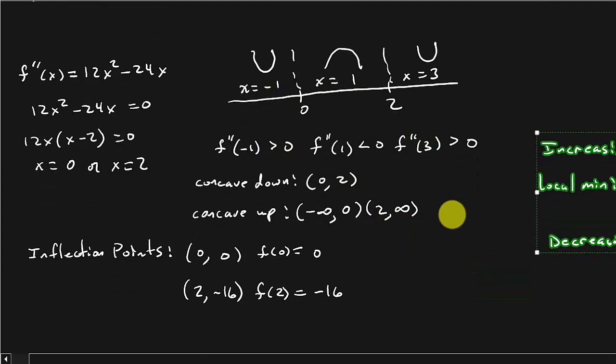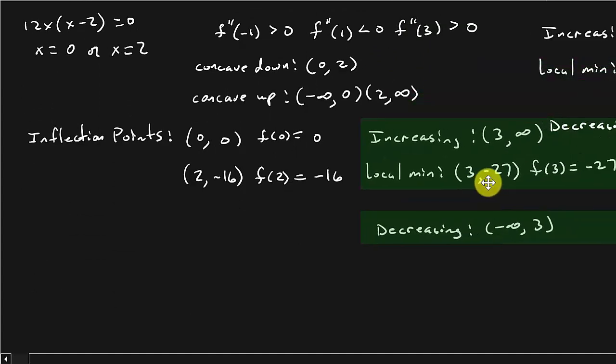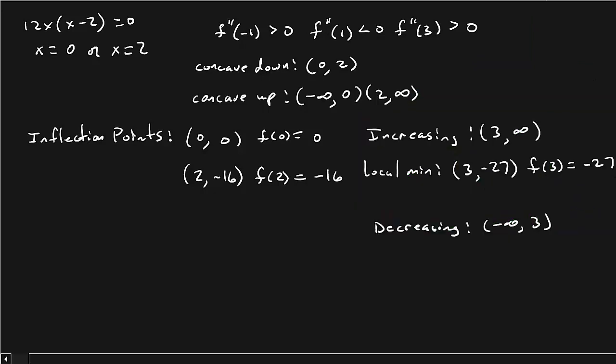I know it's going off the screen a little bit, but let's move it right here. So now we have where we can see everything. So let's just kind of highlight what we need. We need this, we need these points, we need this, and we need this. That's what we need to sketch our graph.